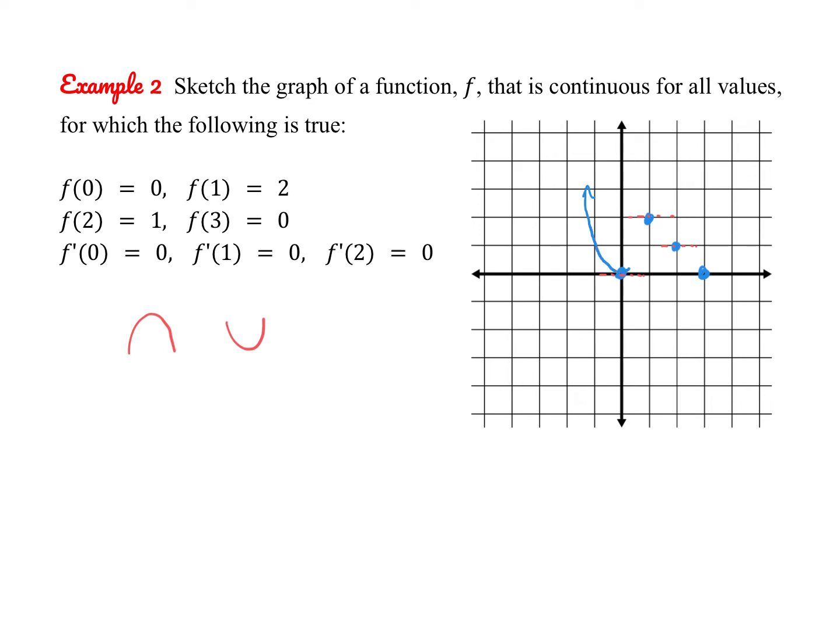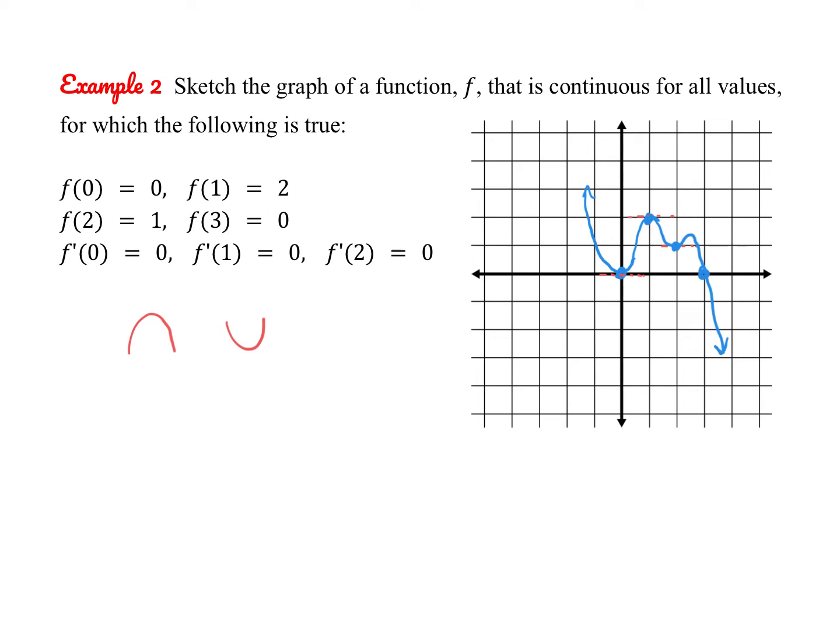So you can see that we're changing from negative to positive, so it will eventually be 0 at some point, and then it will do something like this. And then from here, we could do a couple different things. We could have it turn around like this, but I know it does need to turn around again to go through that last point at f of 3 equals 0.